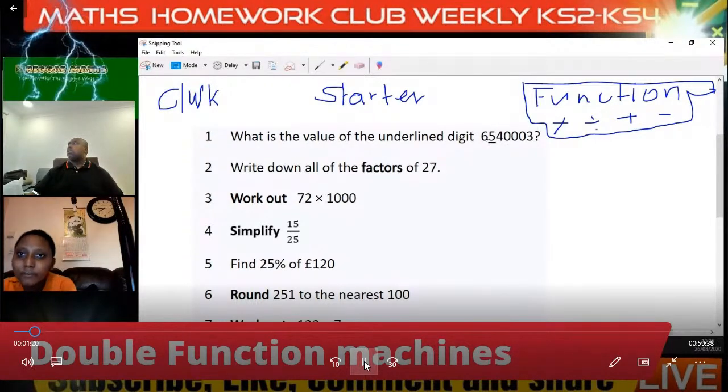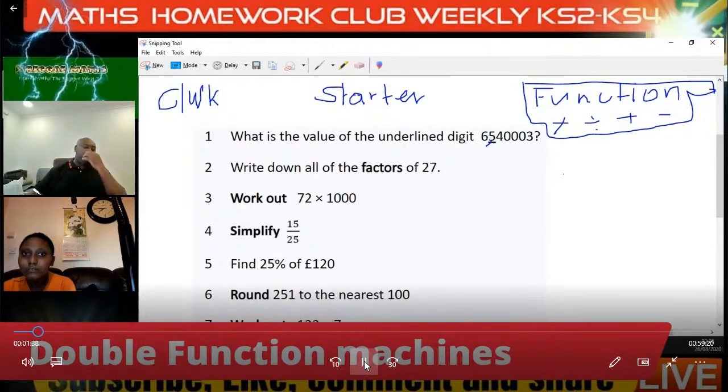What is the value of the underlined digit? Okay, let me help you with this. You've got a 6 there, and you've got 1, 2, 3, 4, 5, 6, 7 digits.